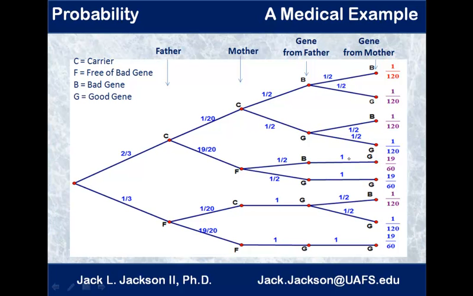This one down here is carrier, free, bad, good. Those are probabilities 2/3, 19/20ths, 1/2, and 1. Multiply those four numbers together to get 19/60ths. And then the next one is also 19/60ths, with probabilities 2/3, 19/20ths, 1/2, and 1. Third one from the bottom: free, carrier, good, bad.